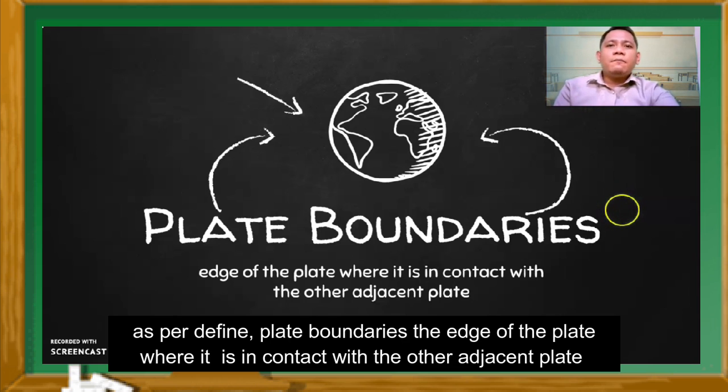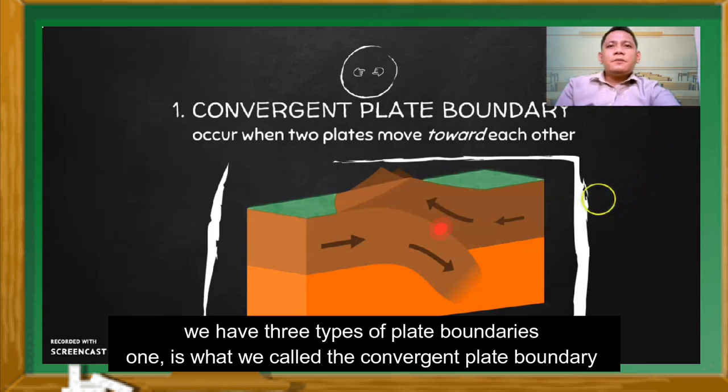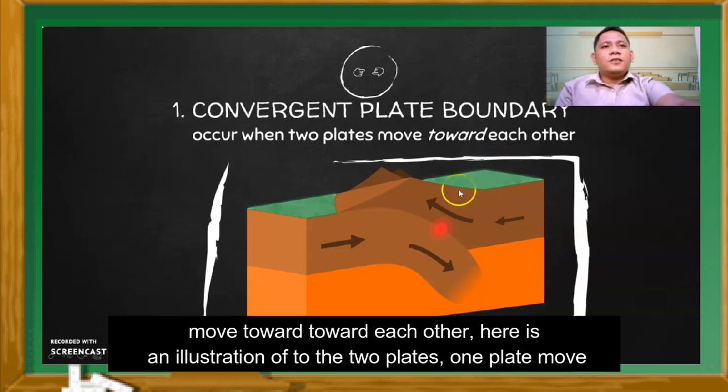A plate boundary is the edge of the plate where it is in contact with the adjacent plate. We have three types of plate boundary. One is what we call the convergent plate boundary. It occurs when two plates move toward each other.